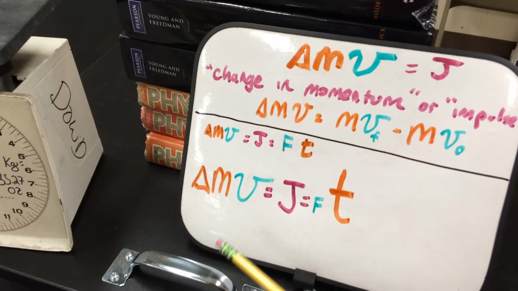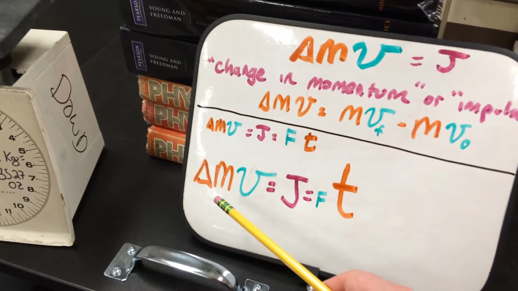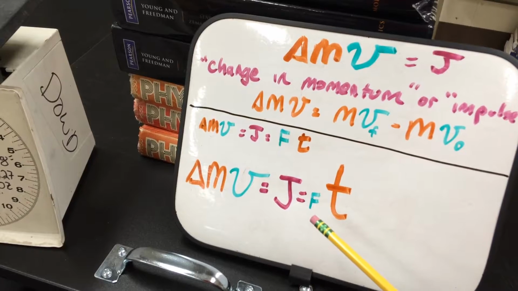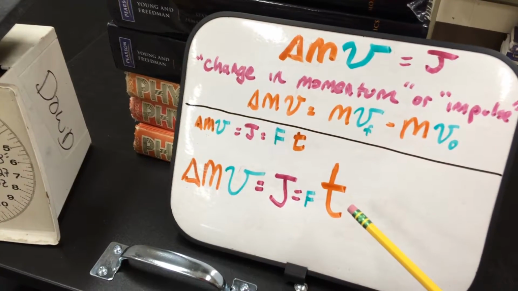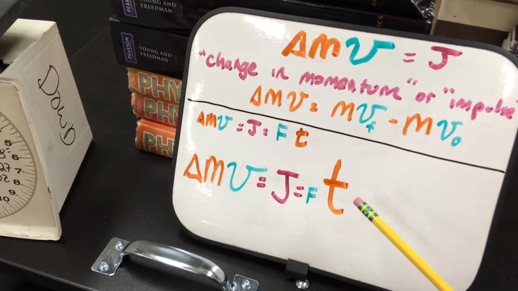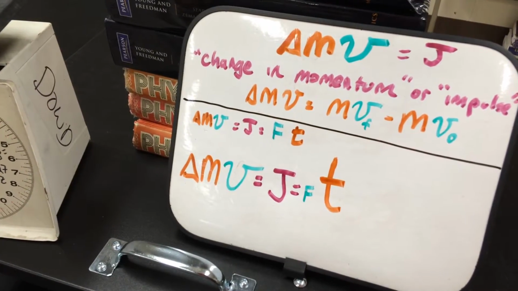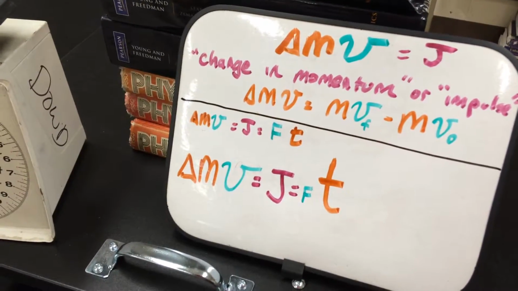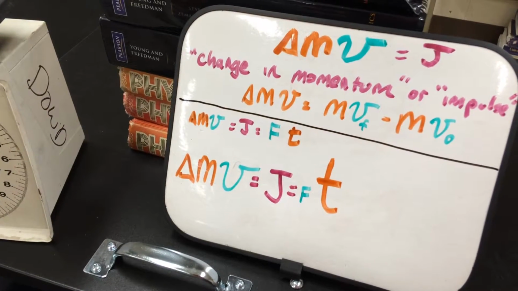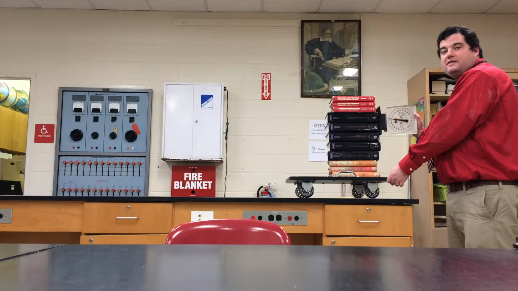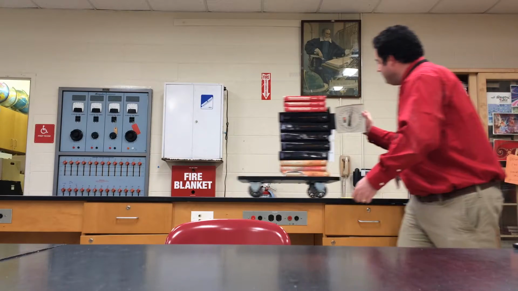I then gave a larger impulse by pushing with that same 2 pound force, but for a larger time, a 4 count. Is there another way I could have increased the impulse? Absolutely. I could have increased the force. Let's give that a try. In this trial, I'm going to push with a force of 8 pounds for a 2 count. 1, 2.